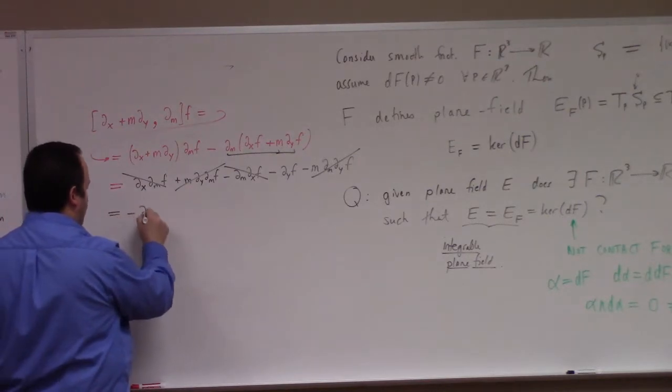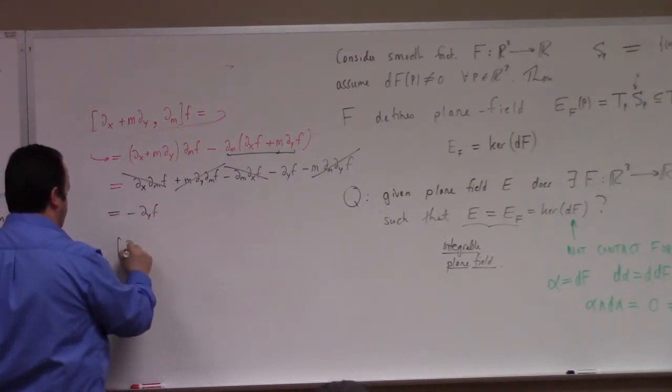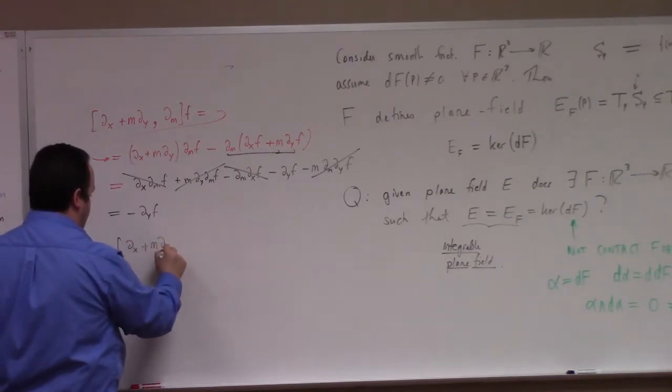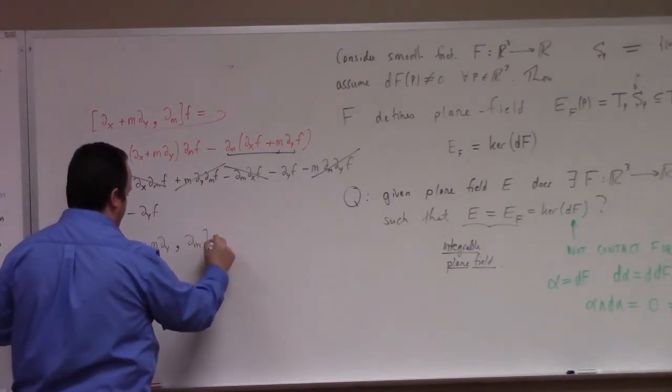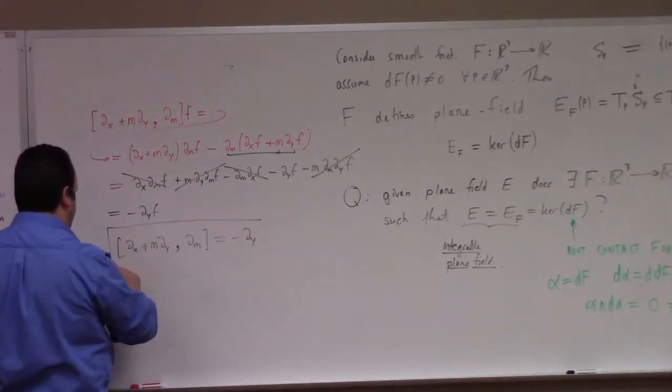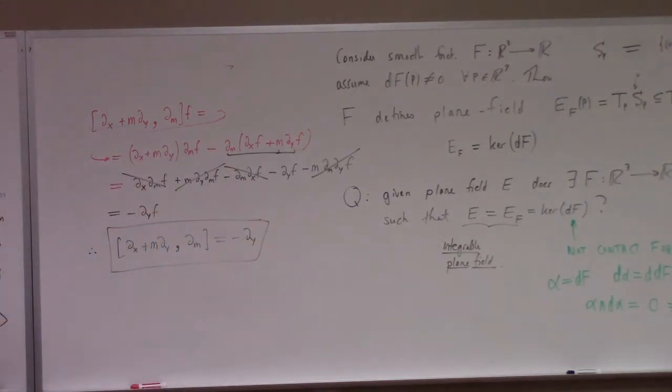But we're left with minus partial y f. Therefore, the bracket of partial x plus m partial y with partial m is minus partial y. That is not an accident. These vector fields are not involutive, because this distribution is not integrable. This distribution would not appear as the kernel of the differential of a level function. And yet it's geometrically interesting, right?